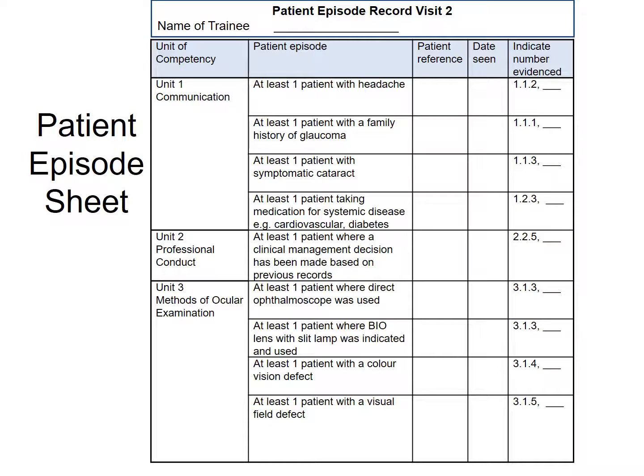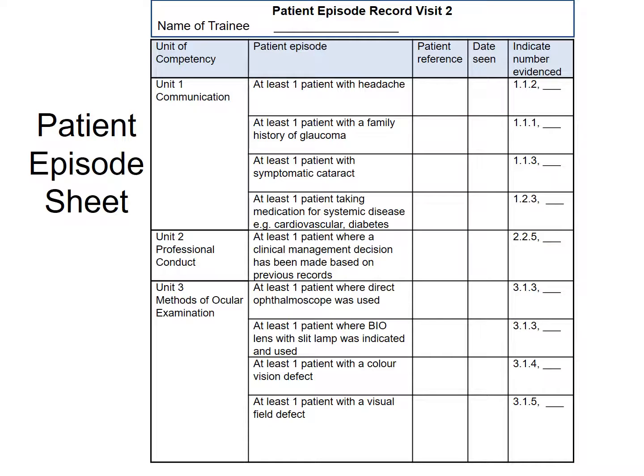Okay? So what your trainee needs to do is to find a name or a number to go in each of these boxes. And then these are the records that the assessor will look at when they come to do the assessment visit. So in lots of ways, your trainee is setting up their own assessment visit by the records they pick.